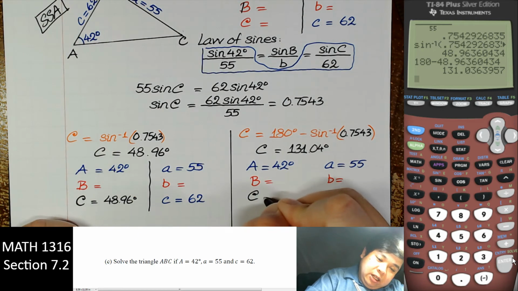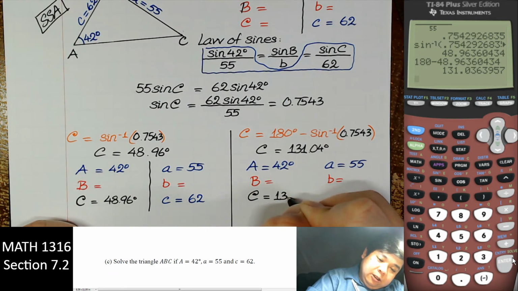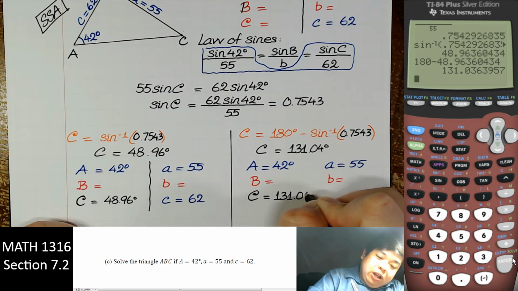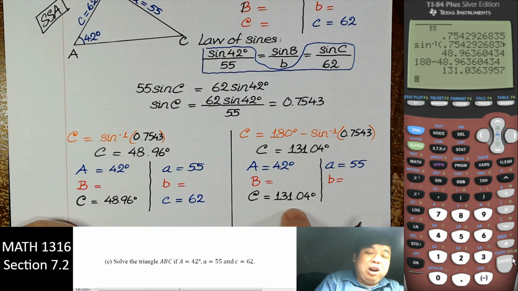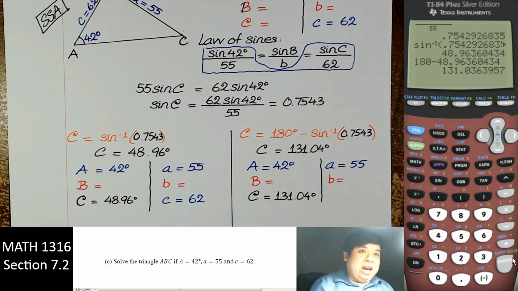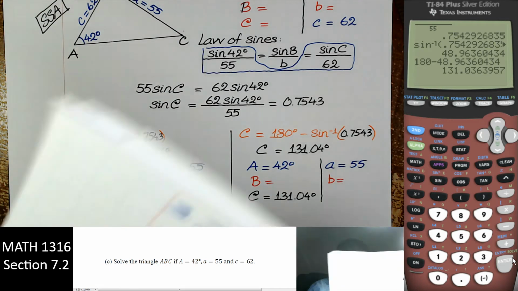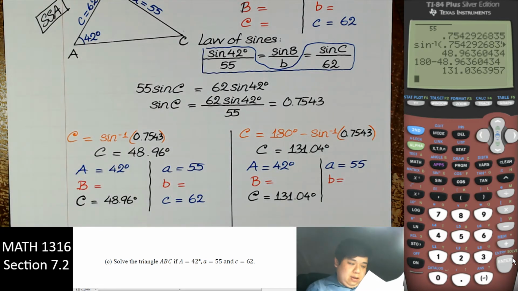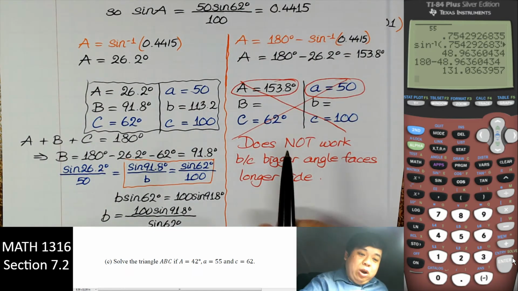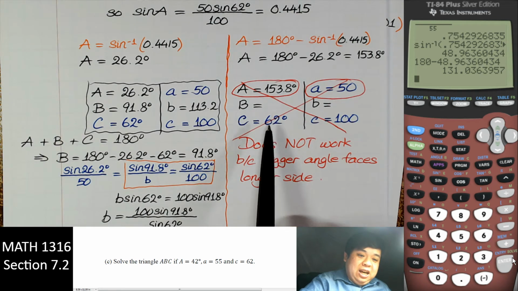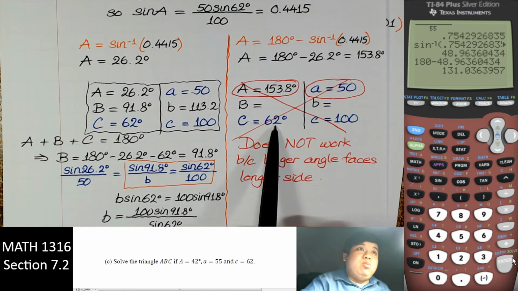Now we found C. By the way, sometimes when we do this and we get C, like for example 150 degrees, we add them up, and there's no room for the third angle, so we know that is not going to work either, right? Like the last case when we check 153 and 62, those two add up to more than 180.